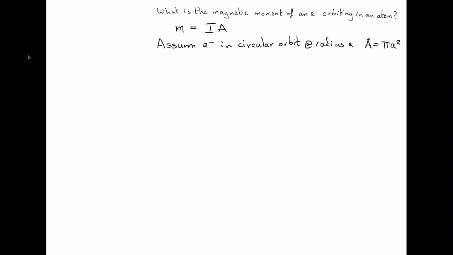And the current is just defined as the charge passing a point per unit time.